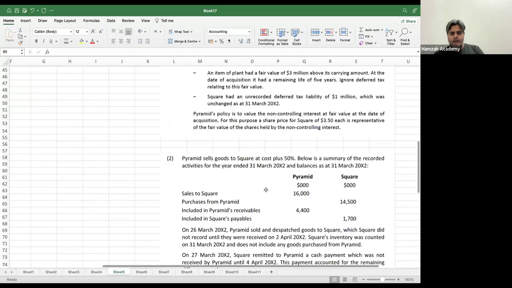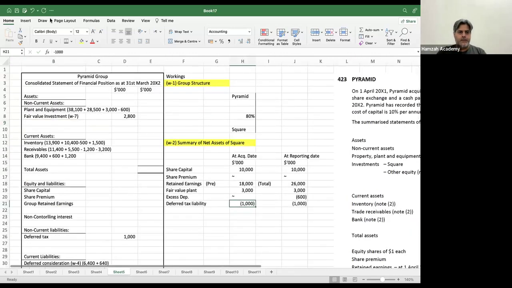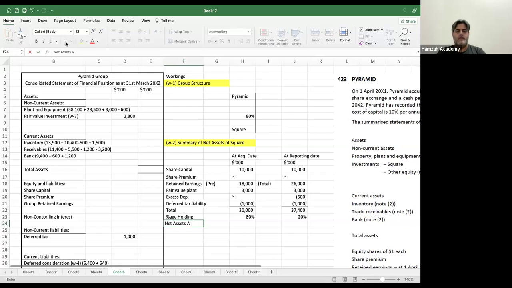Now, all done. Time to do the balances. We have 30,000 over here, 37,400 over here. Percentage holding, 1820. Net assets acquired, 24,000 over here.